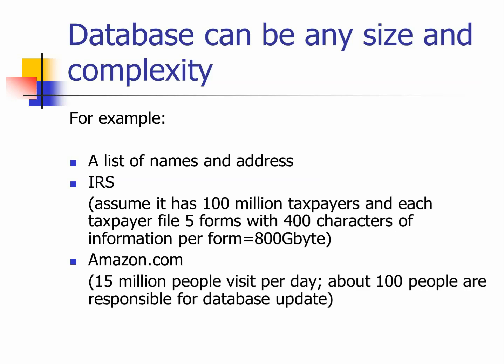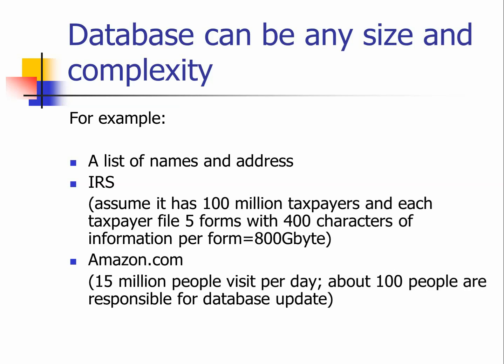A bigger database example is the IRS. Probably everybody pays tax, and you know how it looks when it comes to tax season. You need to prepare multiple pages of information sent over to the IRS, using your social security number as the key attribute that identifies every individual in the IRS system.